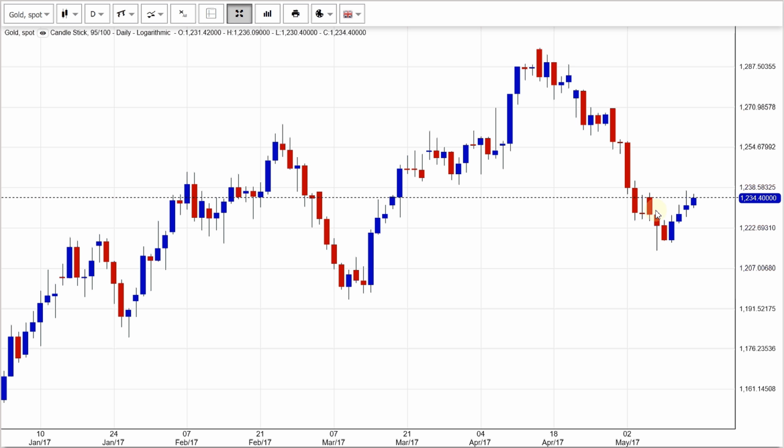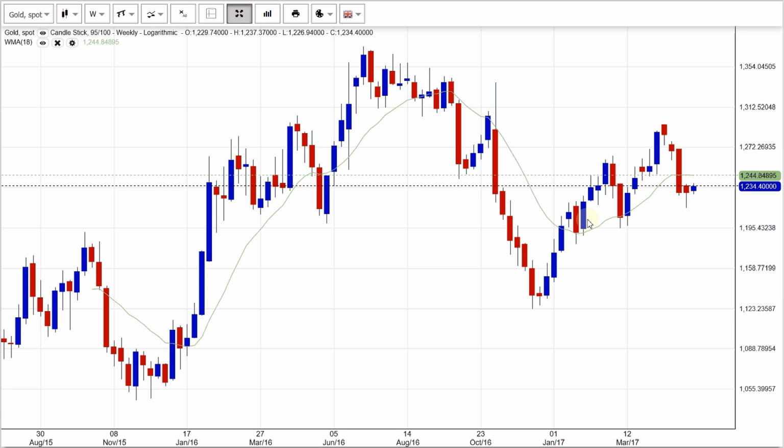But we can already see it here. You go back to this previous low. If this fails, and this low as well, going back to the weekly chart, it showed it really well. That if this level fails, you got this support mark, and then you got this one down in here as well. So that will cover the analysis.